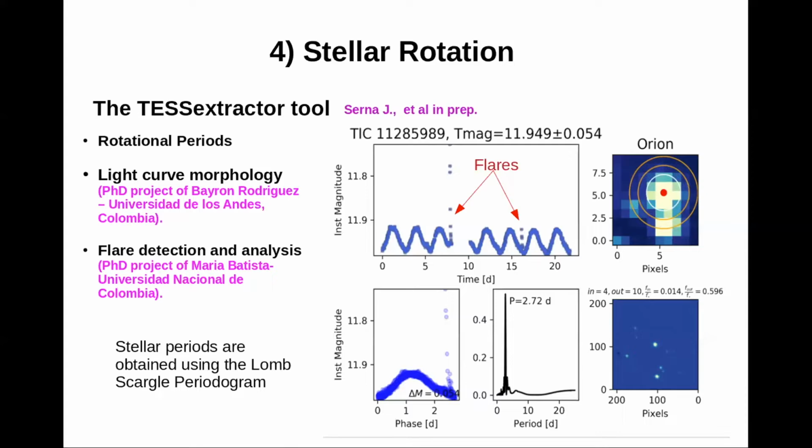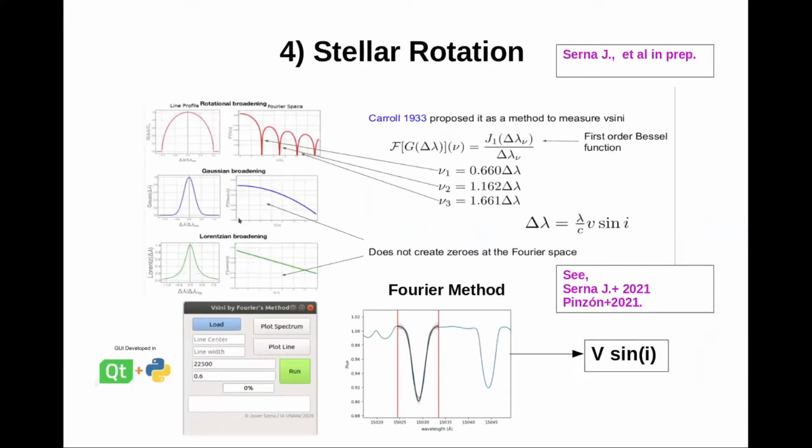Also, the light curves are used in two PhD projects to study stellar activity based on different detection and analysis, and to study the morphology of light curves using machine learning techniques. The other tool is to obtain the projected rotational velocity using the Fourier transform method, which doesn't require the use of spectroscopic templates.